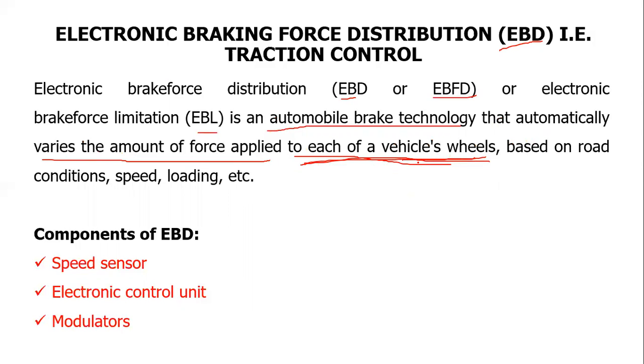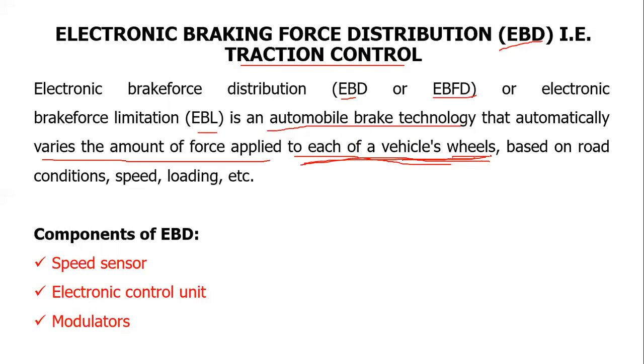So let us consider a car. A car will obviously have four wheels. This EBD traction control equipped vehicle will sense each wheel of the vehicle. If a car has four wheels, this EBD will sense the speed of each wheel.